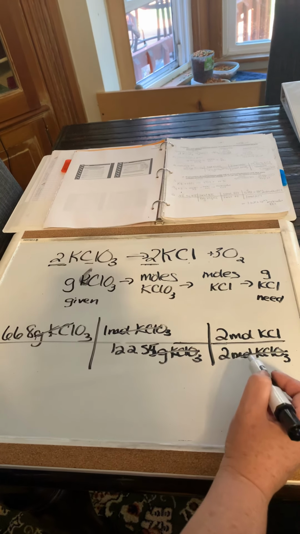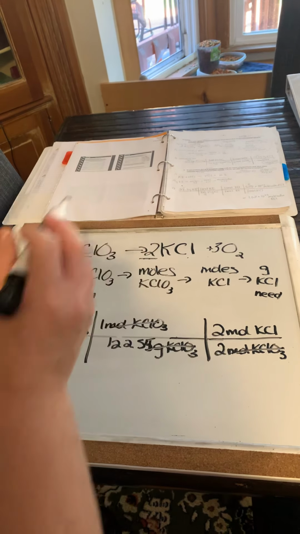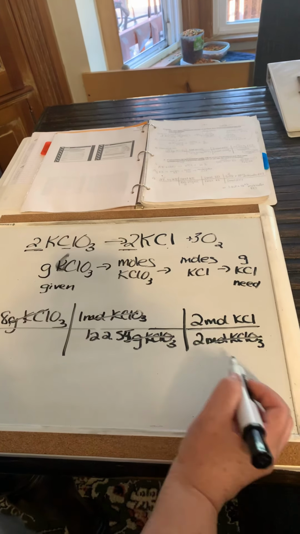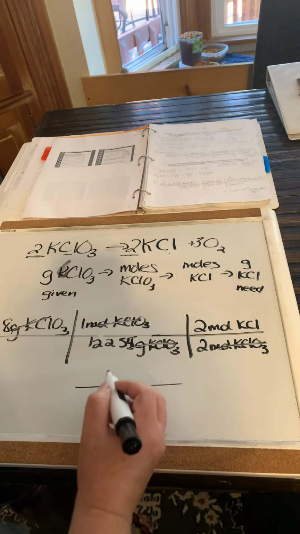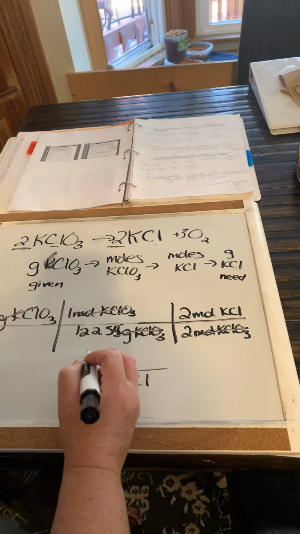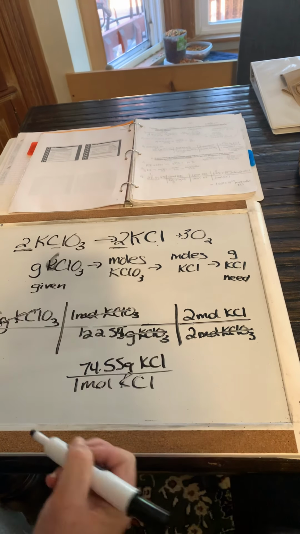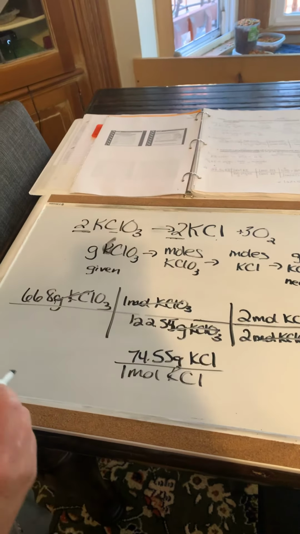Now, this is a 2-to-2 ratio, so this is going to turn out to be 1 anyway. But do it anyway because your units will make more sense, okay? The way we got this 2-to-2 ratio, again, is from our balanced chemical equation, okay? Our last step is 1 mole KCl and 74.55 grams of KCl. Again, if you don't know where I got that number, you need to go back, okay?